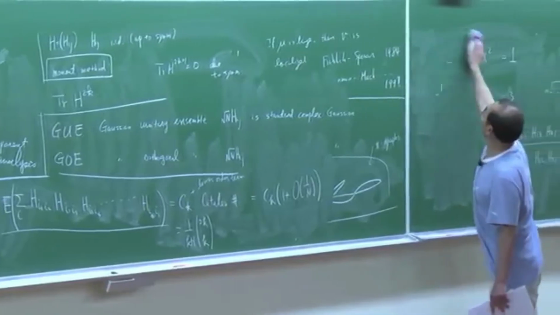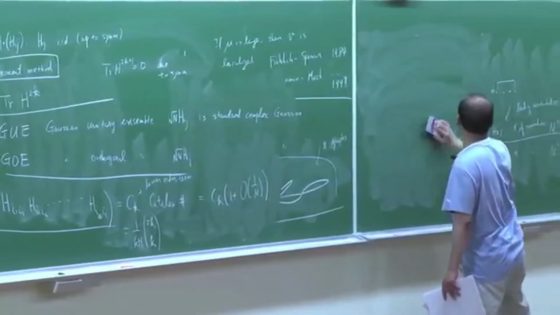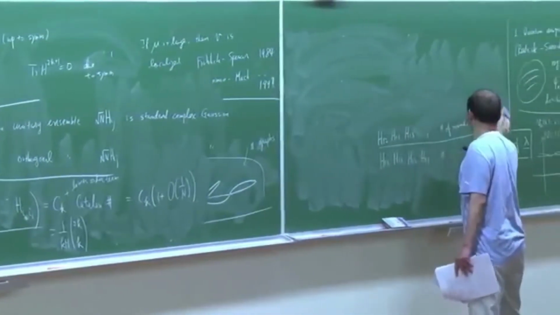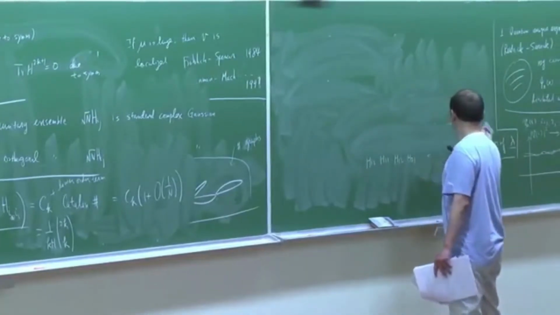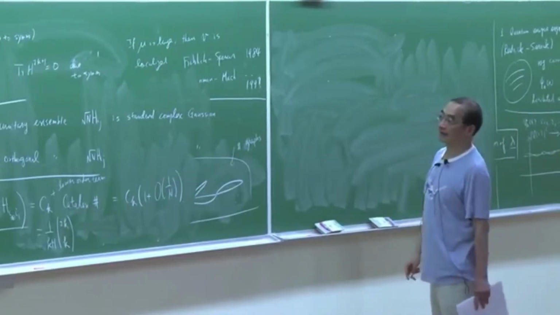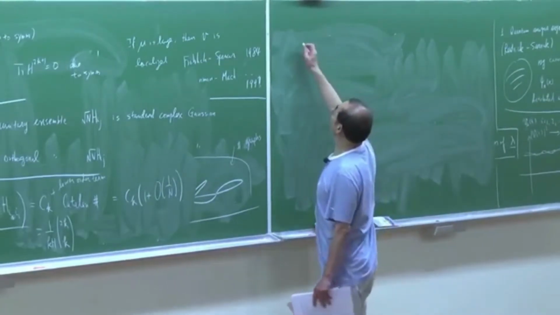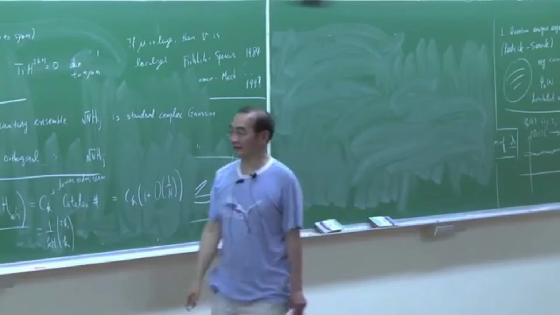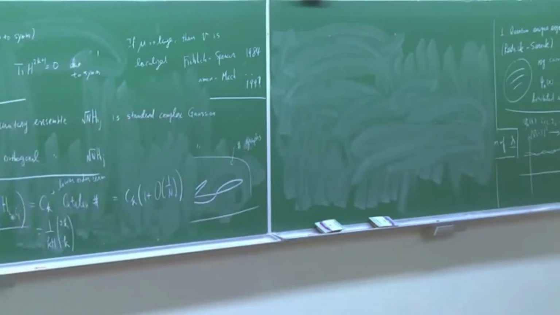I think there's some power entering here. If I compute this, there's n here, so I have to divide by n.